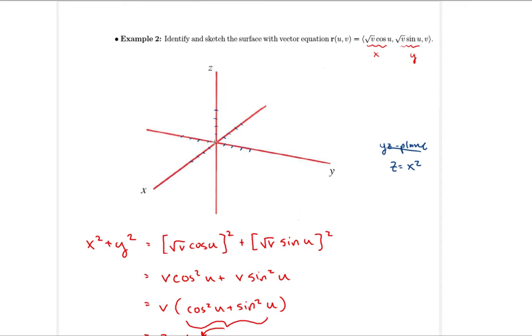So that's going to be here, here, here, there, and there. So we've got a parabola there. And then in the XZ plane, z equals y squared. So same idea.